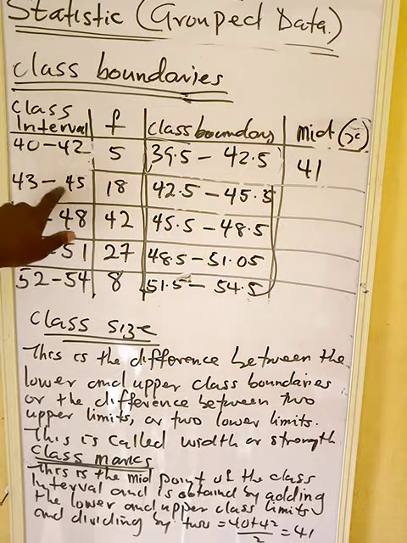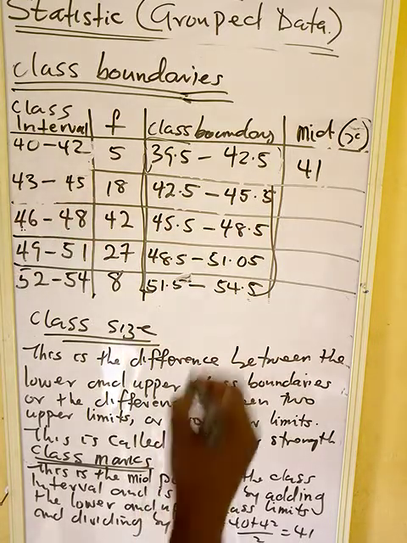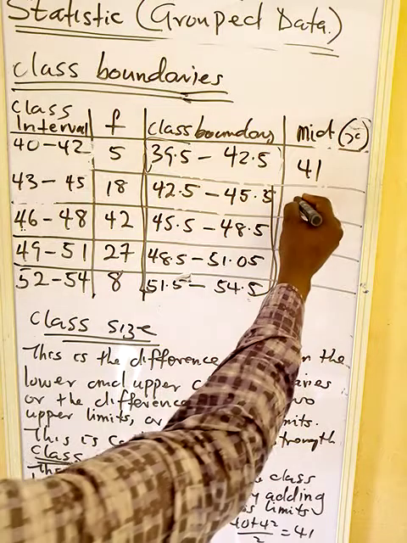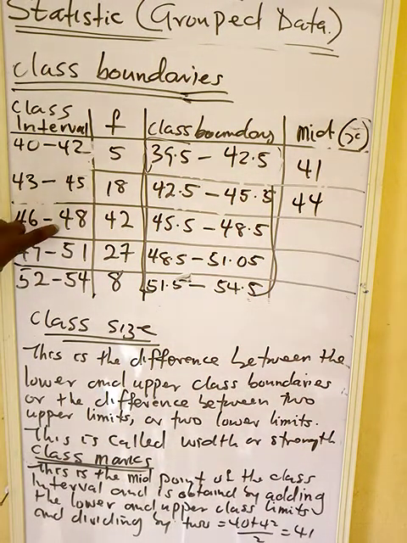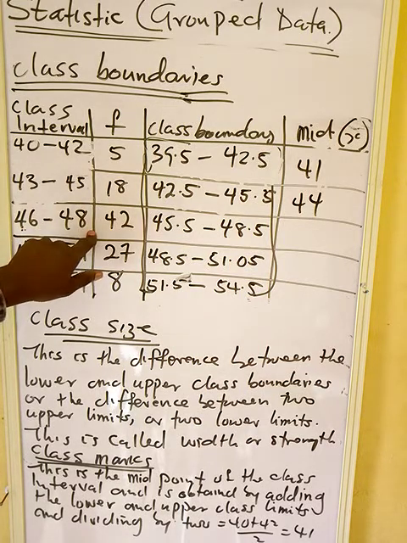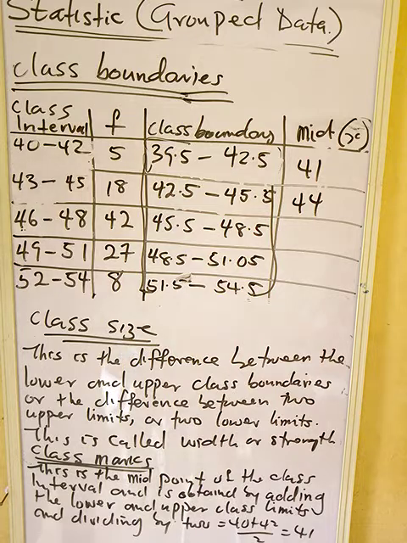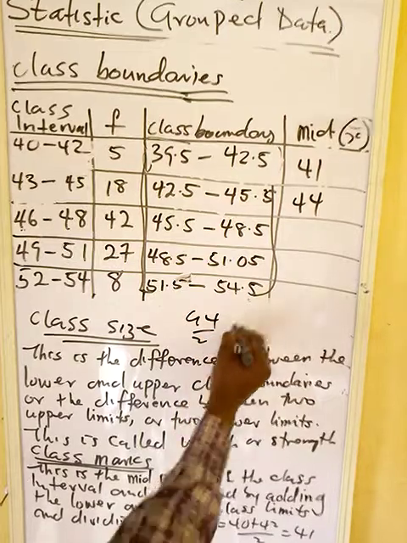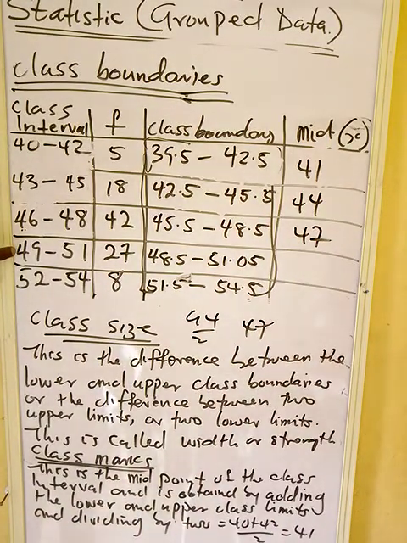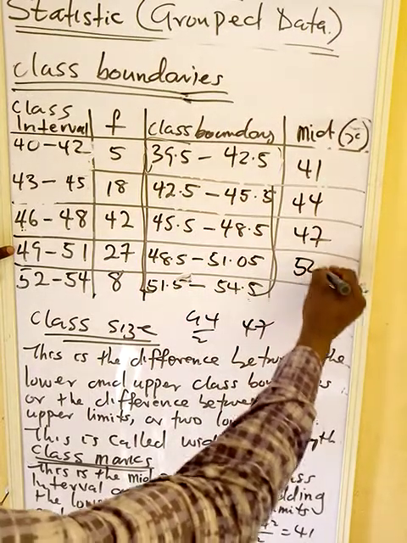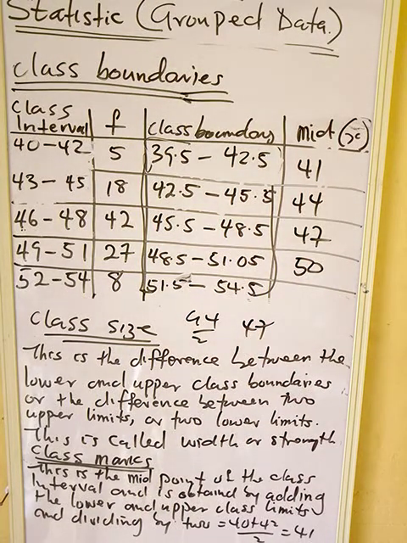Then 43 plus 45 will give us 88, divided by 2 will give us 44. 46 plus 48 will give us 94, divided by 2 will give us 47. Then this one will give us 50. So that's how we get our midpoint.